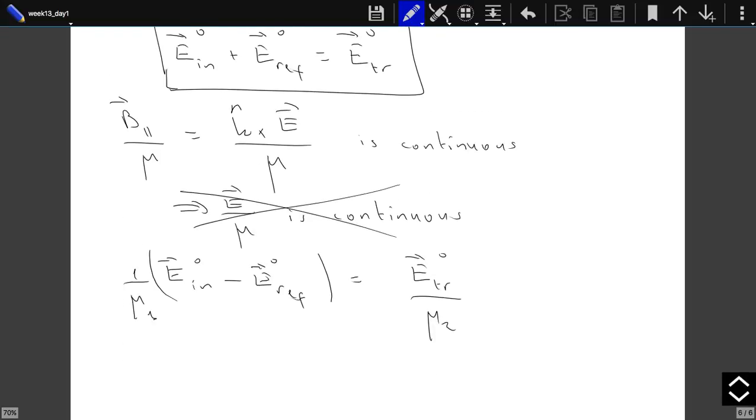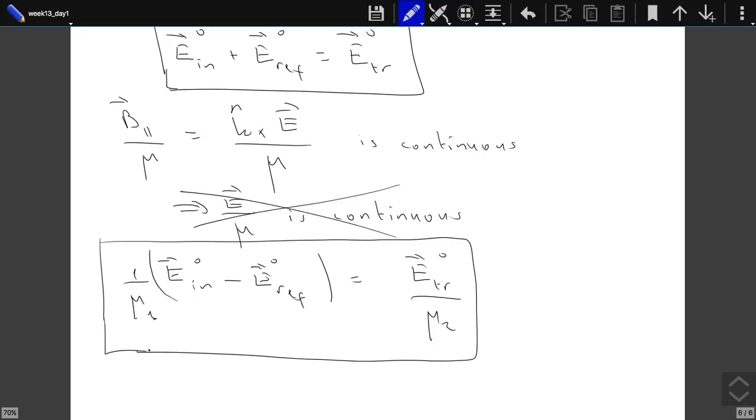So this is my second equation. How many unknowns do I have? I just have two unknowns. I don't know the reflected wave, I don't know the transmitted wave. Furthermore, although I'm using the vector notation here, the vectors have three components. I already started by choosing one plane, so everything is in that plane. So the only thing that is not known is one component of these waves.